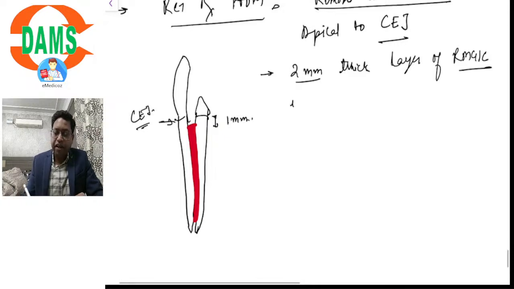And then we apply a 2 millimeter thick layer of resin modified glass ionomer cement. This 2 millimeter thick layer is called the RMGIC barrier.